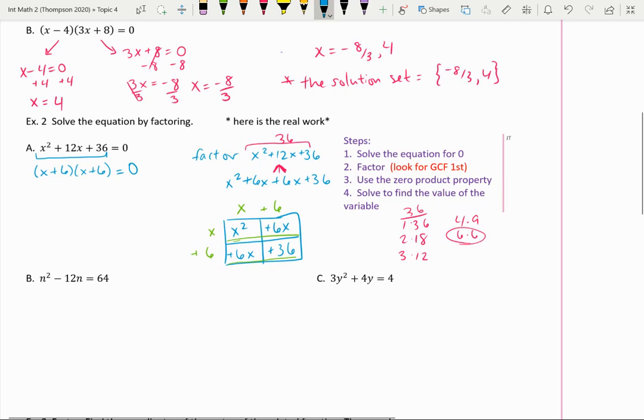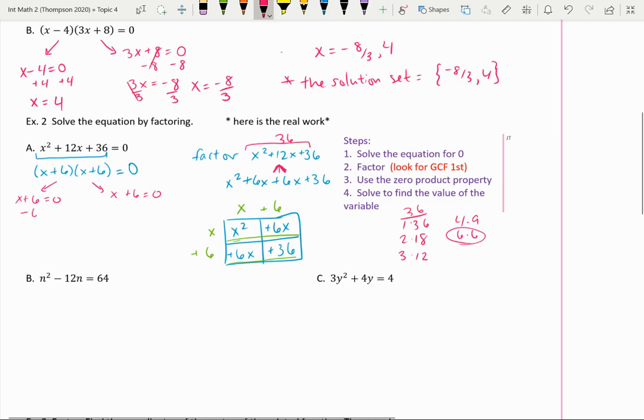Now I'm going to use the zero product property where I take each factor and I set it equal to 0. Solve for x. So now I just did step 3, use the zero product property. And then step 4, solve to find the value of the variable.